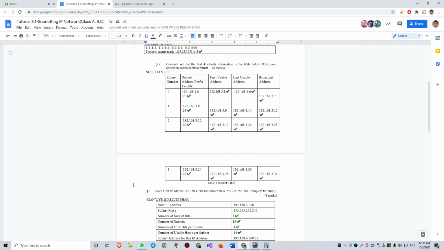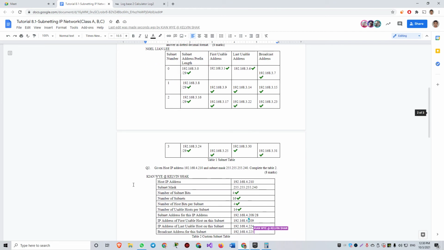So the broadcast address is the address before the next subnet address, which is 224.